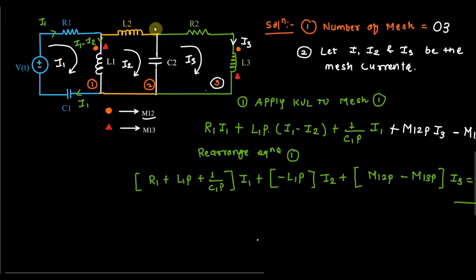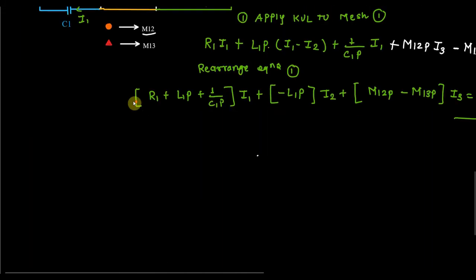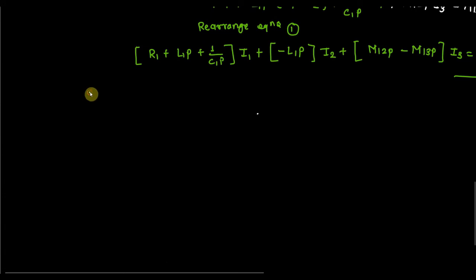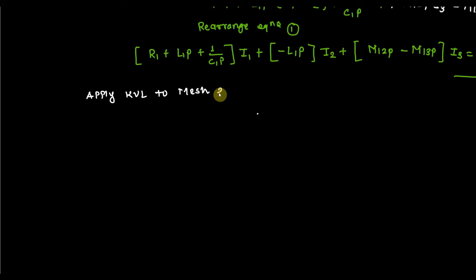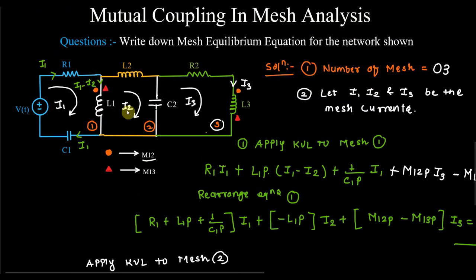Okay, so now I am writing for the second mesh. So I will apply KVL to mesh 2. Now we will see here in mesh 2 there are three elements: L1, L2, C2.